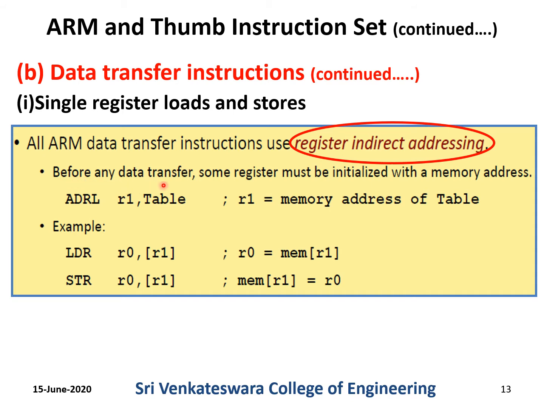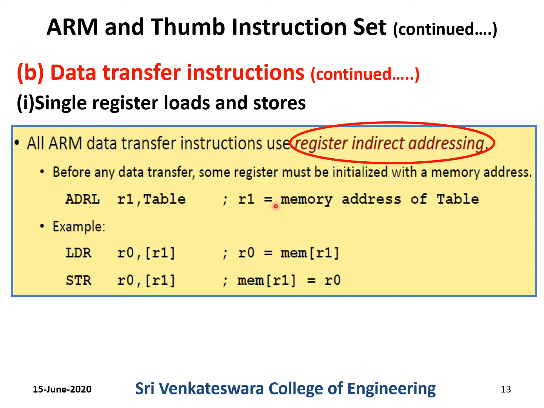So before any data transfer is done, a register has to be initialized with a memory address. So in the given example, we are going to initialize R1 with the memory address. Now the word table here denotes a label. In assembly language programs, we make use of labels.